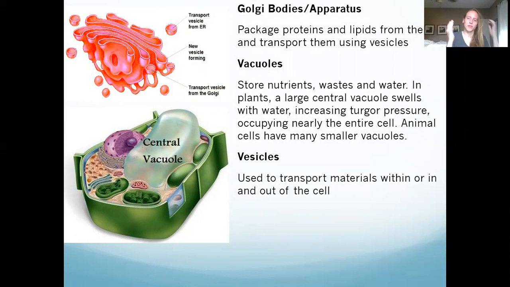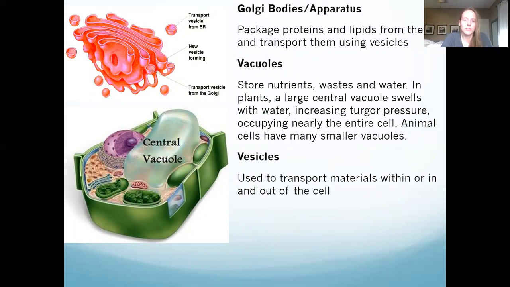So the Golgi bodies is kind of like the shipping warehouse where everything's getting packaged, and then the vesicles are the actual FedEx vans that drive away and carry the things they're transporting.